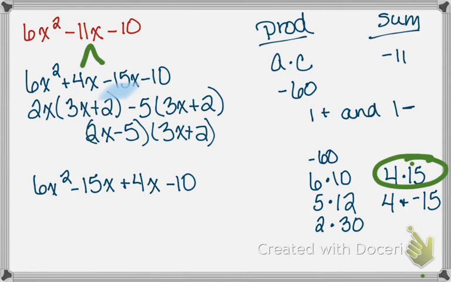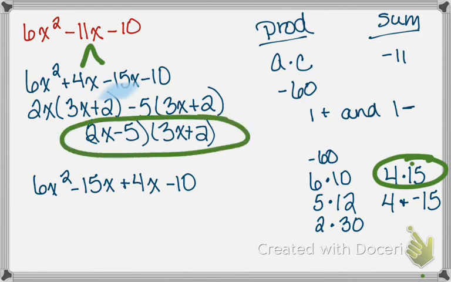Now, I had a group that just put these in a different order. Instead of plus 4x minus 15x, they did minus 15x plus 4x. Completely fine, and some might argue slightly better.